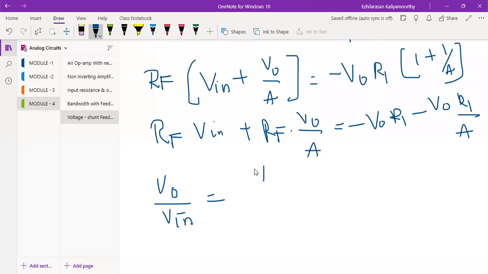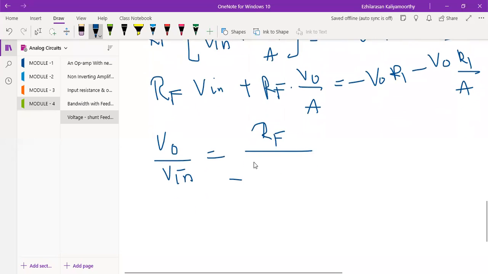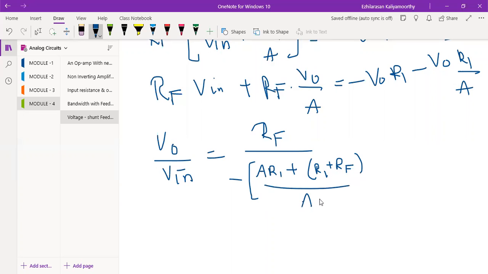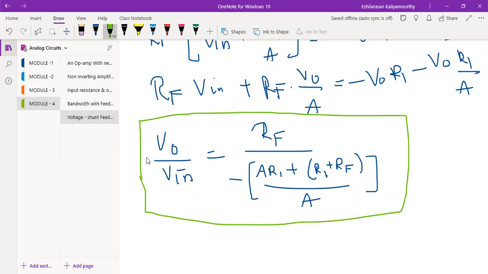Then we'll get V naught by Vin is equal to RF divided by minus of AR1 plus R1 plus RF divided by A. So this is the expression we got for V naught by Vin, which is nothing but AF.